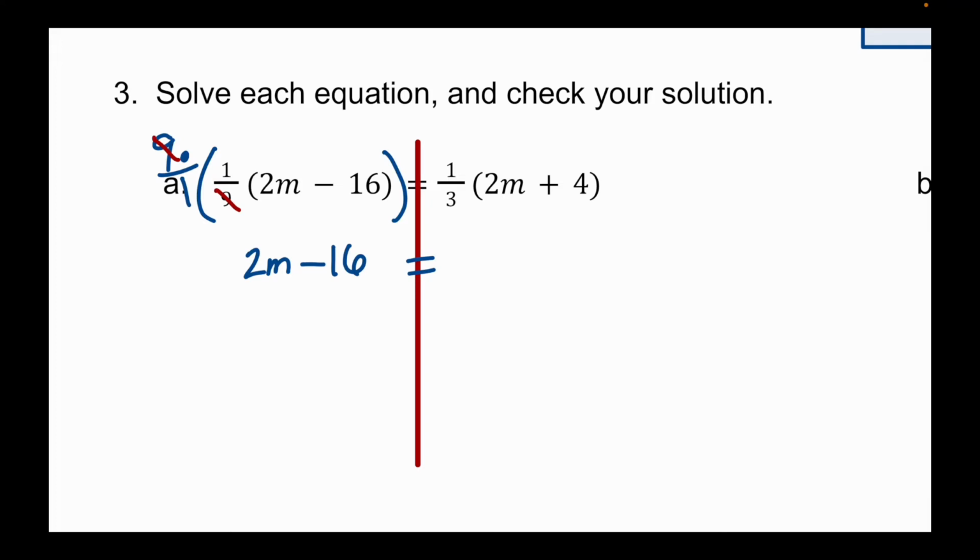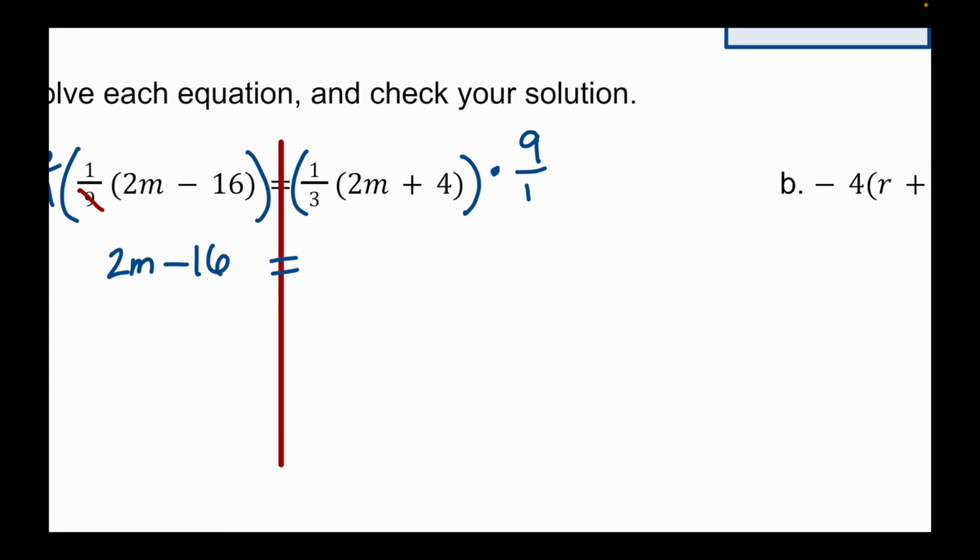But it's going to be very different on the right-hand side, because when we multiply this by 9, or like 9 over 1, 9 over 1 times 1 over 3, I'll actually write this a little smaller off to the side. 9 over 1 times 1 over 3, these aren't going to cancel completely. You would end up with 9 over 3, which is the whole number 3. So that change is going to happen when we multiply this with our 1/3.